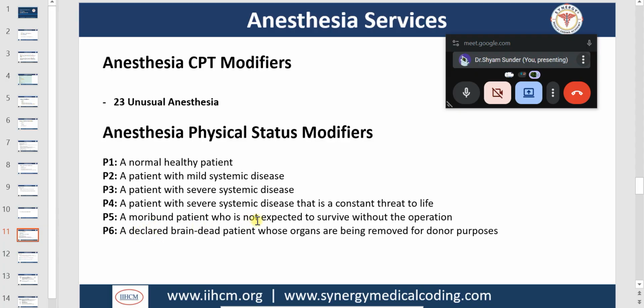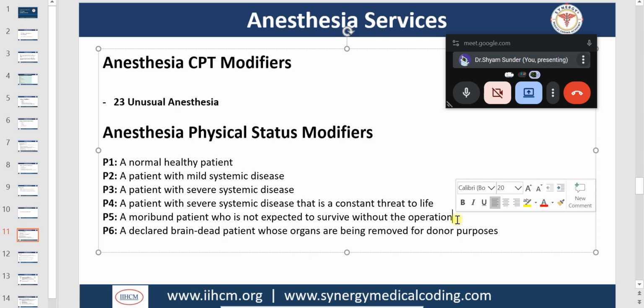A moribund patient who is not expected to survive without the operation. So it's an emergency condition. Maybe road traffic accident, head injury, chest injury, internal bleeding. The patient has to be taken directly to the OR. Yes, it is P5.